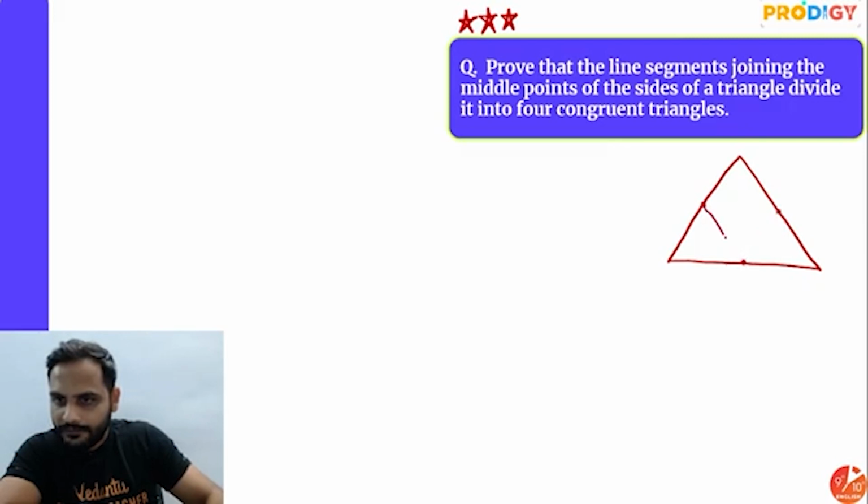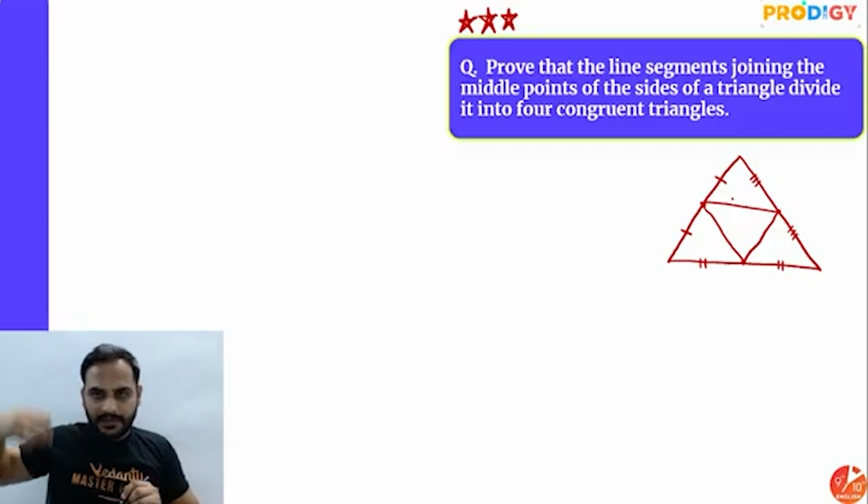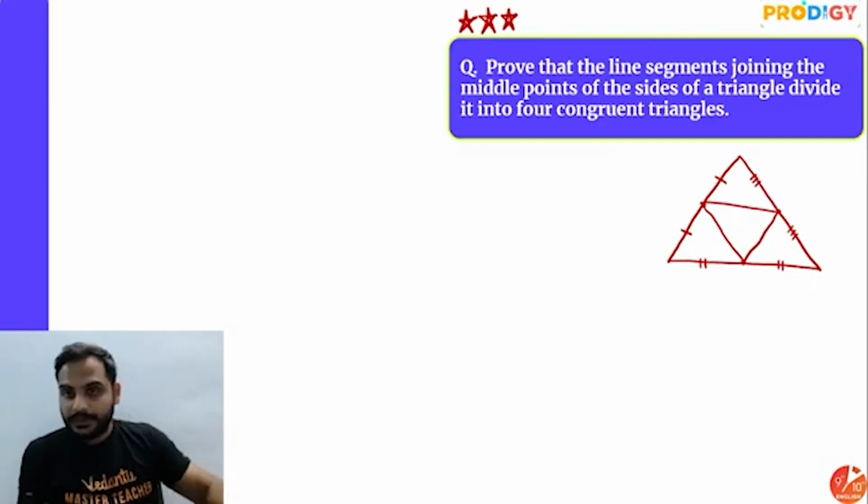If I join the midpoints, so this and this is equal, this and this is equal, and this is equal, then I can say the triangle is divided into four congruent triangles. You have to show four congruent triangles. All right, let us see.